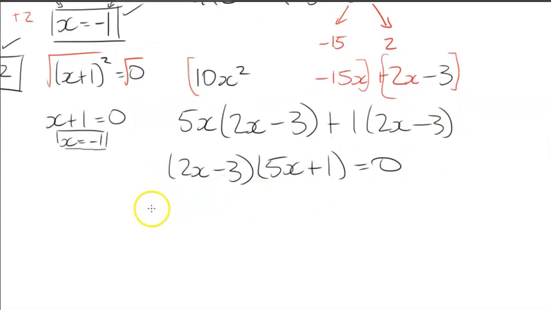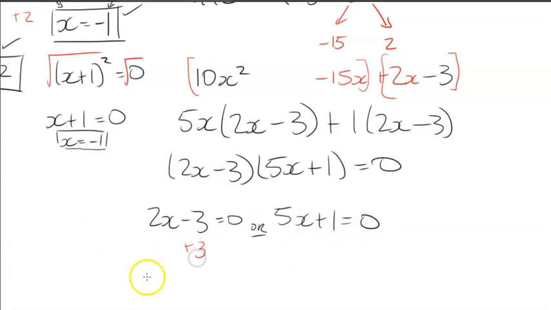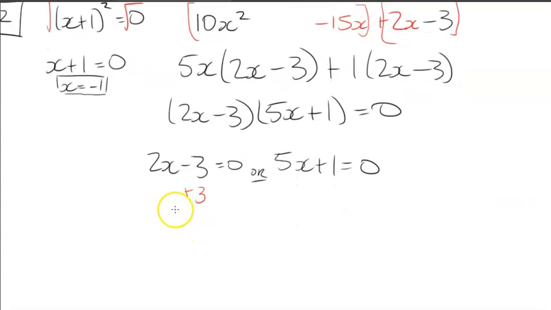Using the null factor law, we have 2x minus 3 is equal to 0 or 5x plus 1 is equal to 0, and then we just solve for x for both sides. Focus on the first one first. So 2x is equal to 3, meaning x is equal to 3 over 2.